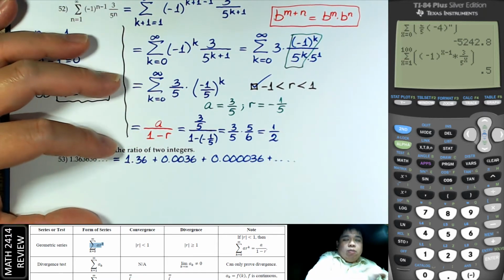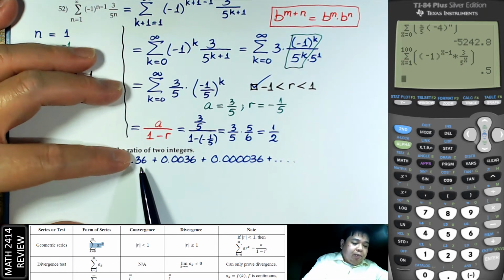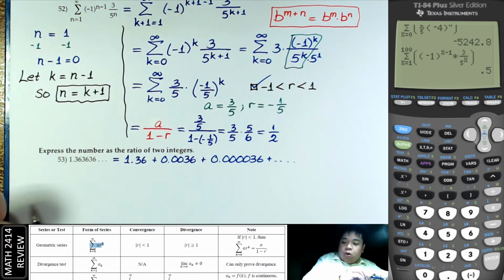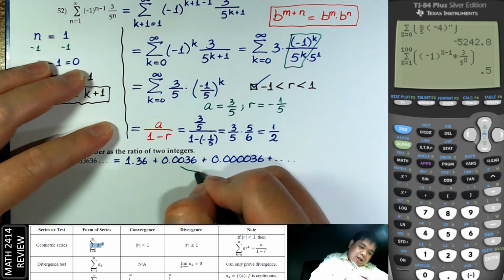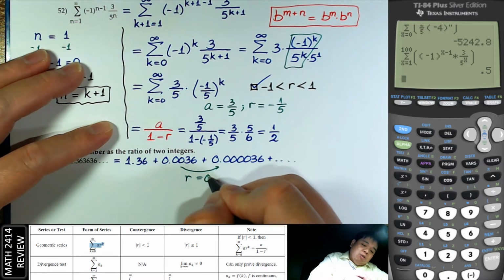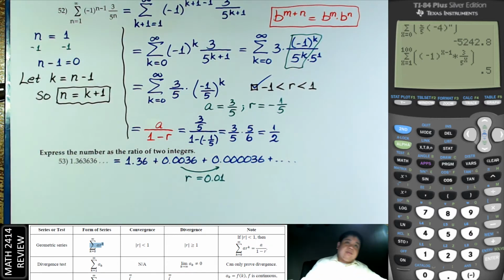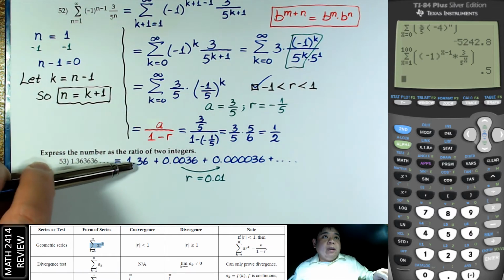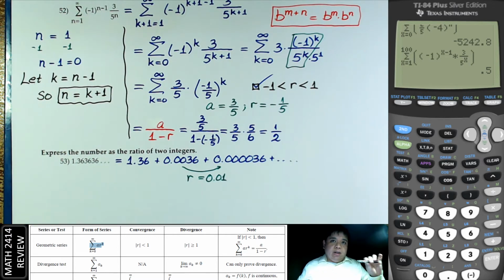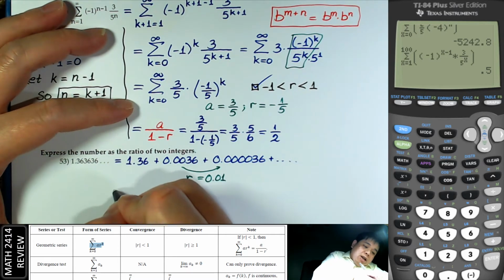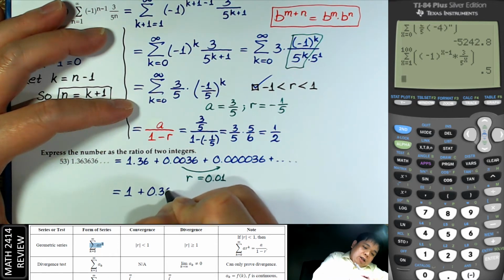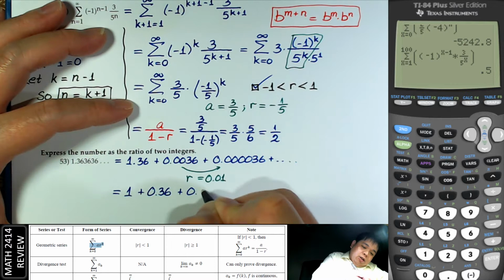Now what we see here is that to go from this term to the next, it is multiplied by 0.01, but not quite the first one. If we multiply 0.001, the one in front, that will be a problem. So we have to split as follows: 1 plus 0.36 plus 0.0036.